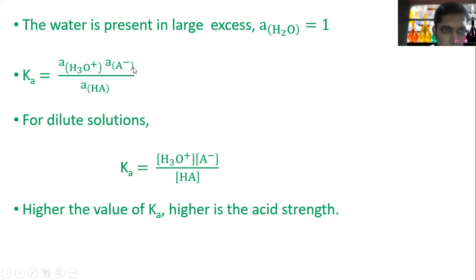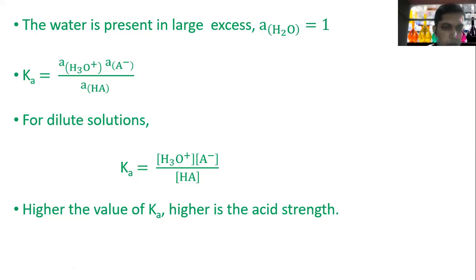Activity of A minus ions, that is anions, is equal to the concentration of A minus ions. And activity of undissociated weak acid molecules, that is HA, is equal to concentration of HA. So for dilute solutions, we are replacing all the activity terms by their respective concentration terms. So now this can be considered as the equation of dissociation constant of the weak acid.